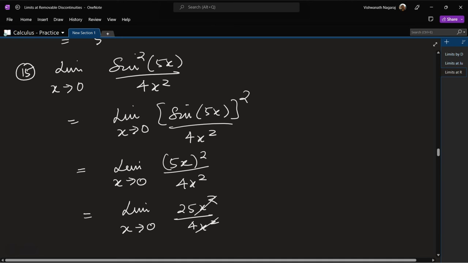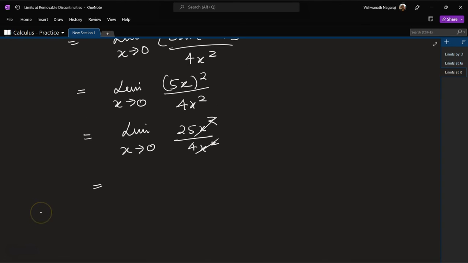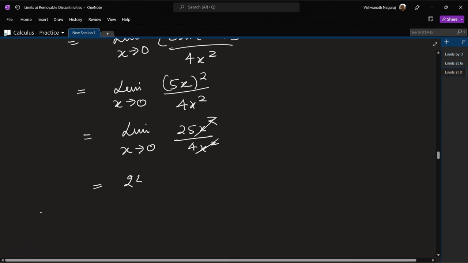X square gets cancelled, and now we end up with 25 by 4, which is a constant. So the limit is 25 by 4.